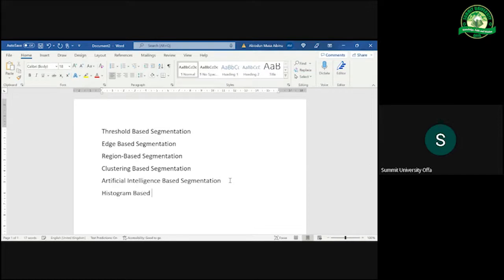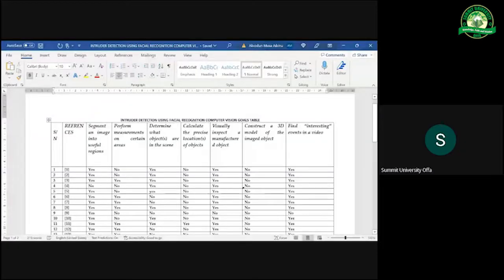Okay. For some of us that are working on machine vision, don't forget in the previous submission, we have something of this nature. We have something of this nature. Let's look at number 1 to 5 in this paper that we are having there.